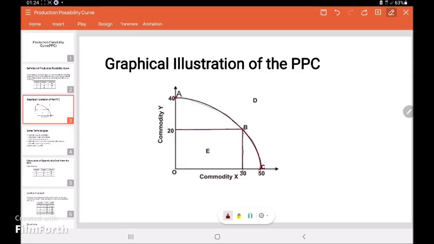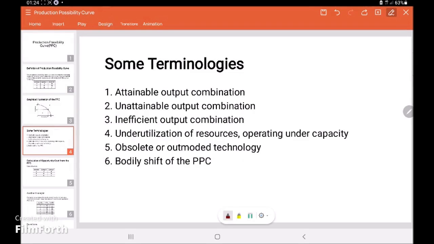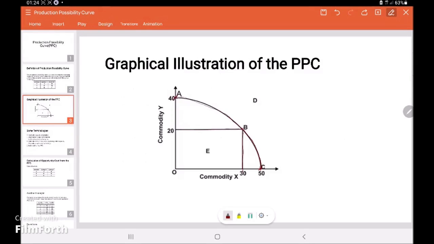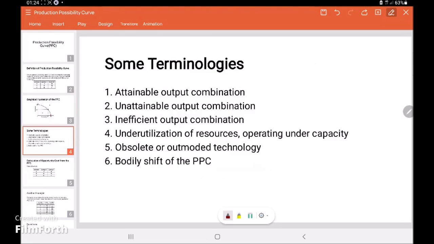The first one we want to look at is attainable output combination. All the combinations lying on the production possibility curve, that is combinations A, B, and C, are attainable. They are the combinations that the country can produce using its available resources and the given technology. Then we have unattainable output combinations.